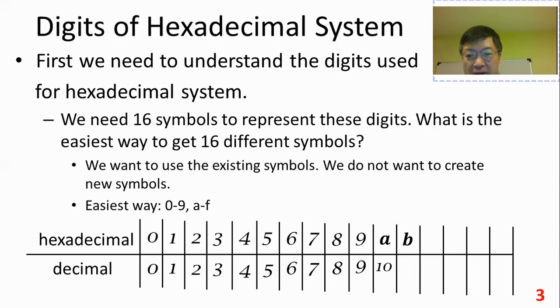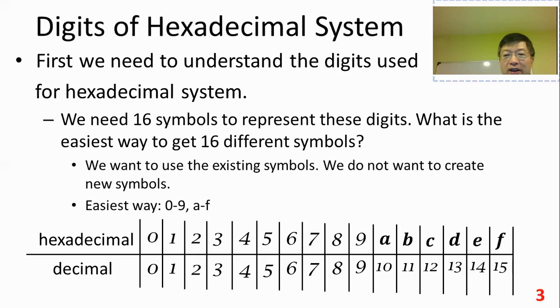All right. B, the next one, corresponds to 11. In hexadecimal, we still have 1 digit, but in decimal, we need 2 digits. Next, C, 12, D, 13, E, 14, and F, 15.